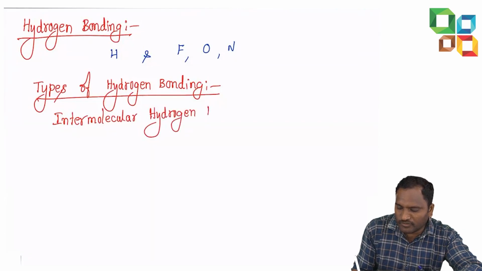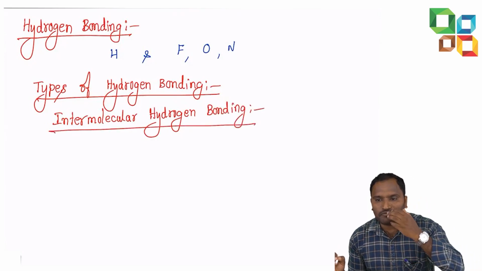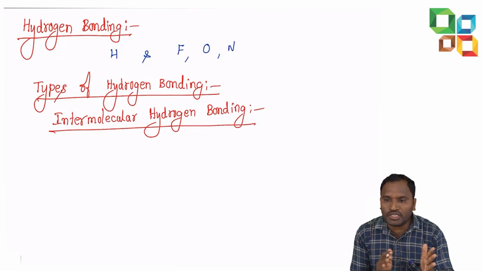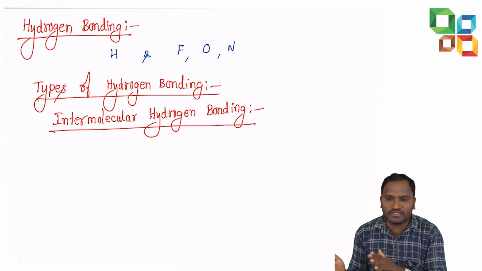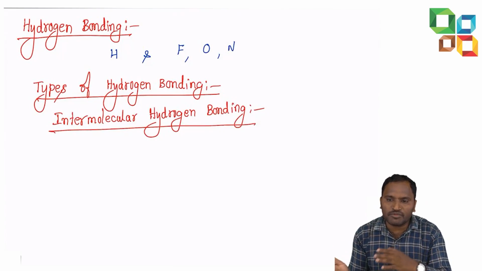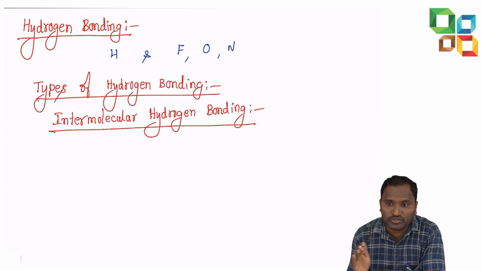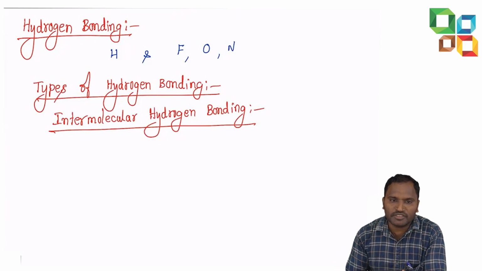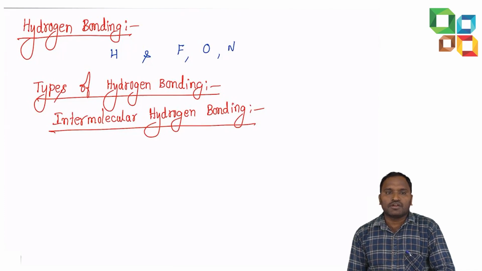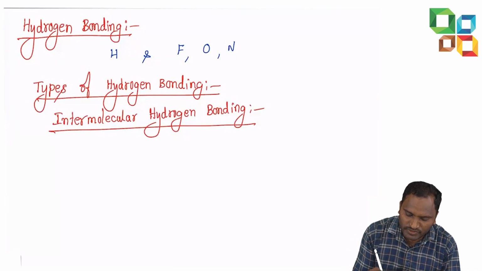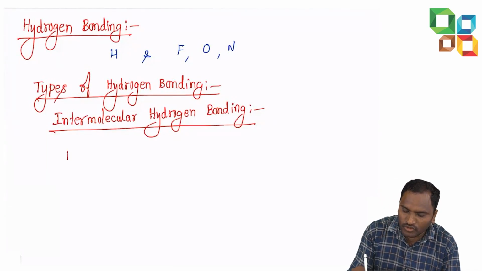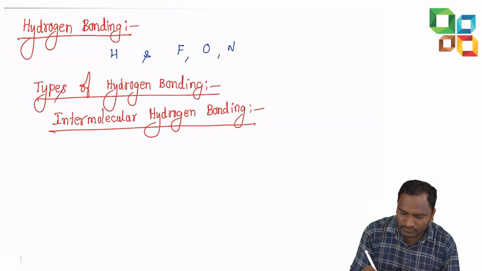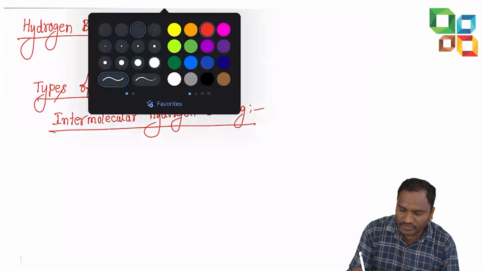Another one is intramolecular hydrogen bonding. Intermolecular hydrogen bonding means, students, hydrogen bond formed between two molecules, of same or different kind. Two molecules must be there. Right? Hydrogen bond formed between two molecules of same or different.